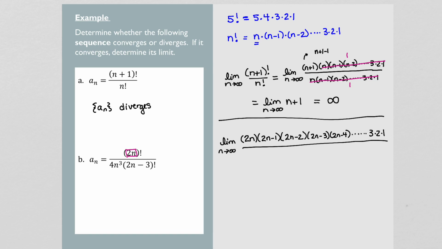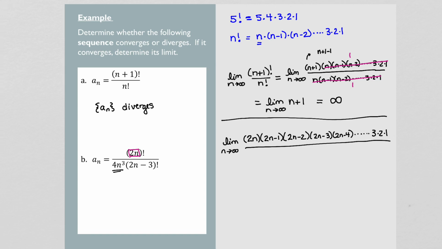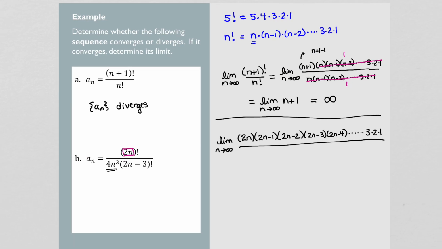How about the bottom? We've got this 4n cubed that is not a factorial, so we'll just write down 4n cubed. We can't really do anything with that part. But we can rewrite 2n minus 3 factorial. This time, 2n minus 3 is the value that I start with. So 2n minus 3 goes first, and then 1 less, 2n minus 4, and then 2n minus 5.